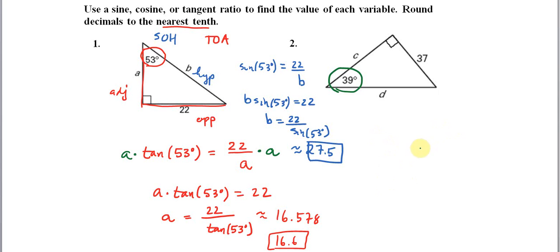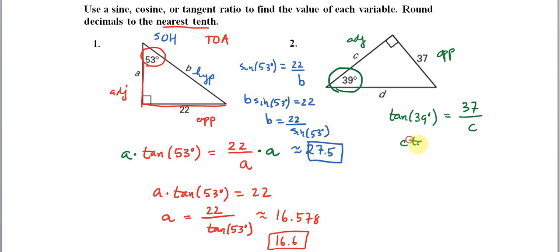Let's solve for C first. C here is the adjacent leg, and 37 here is the opposite leg. So we are going to, again, use the tangent ratio. Tangent of 39 degrees is equal to the opposite leg, which is 37, divided by the adjacent leg, which is C.